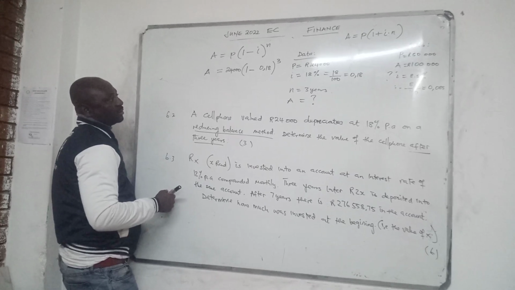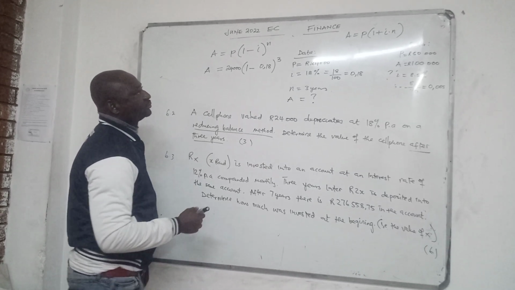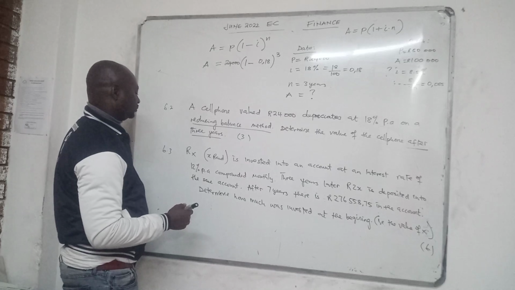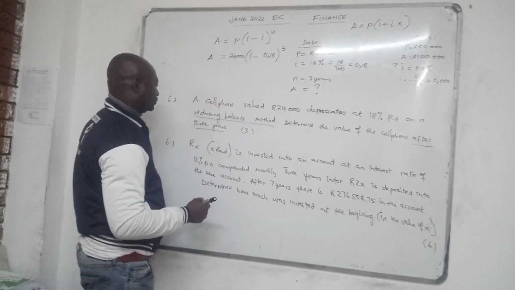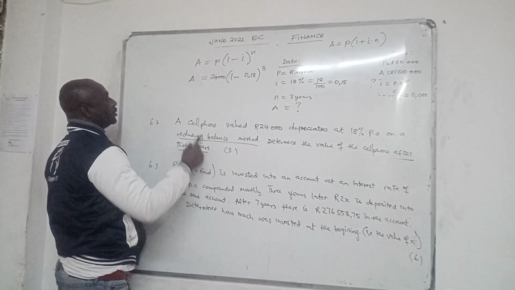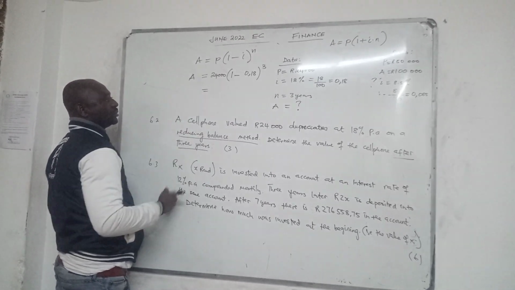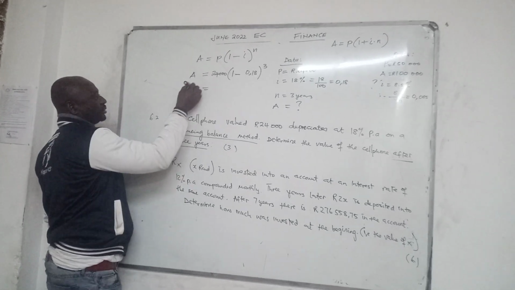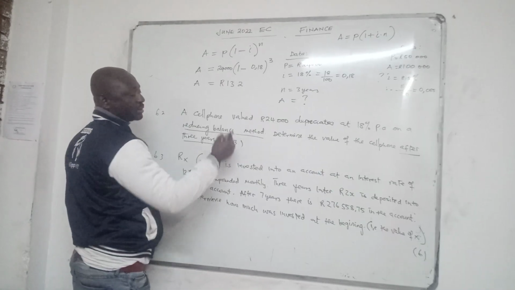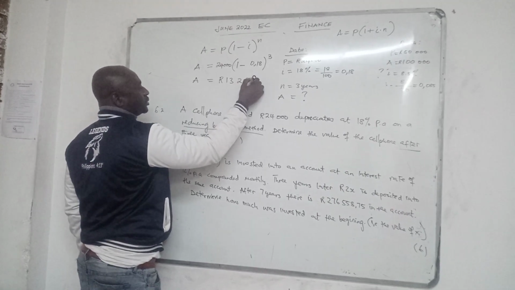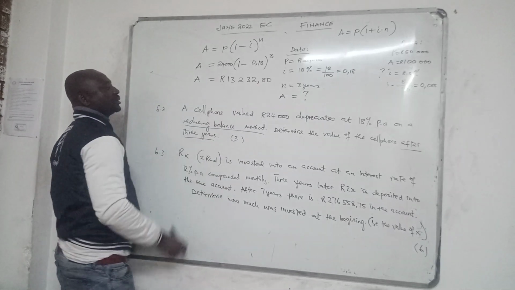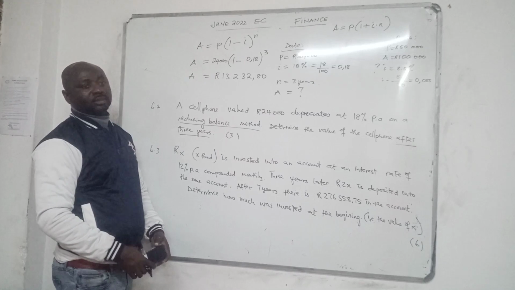And so when we are solving this, what did you get? 13,232.80. Okay.